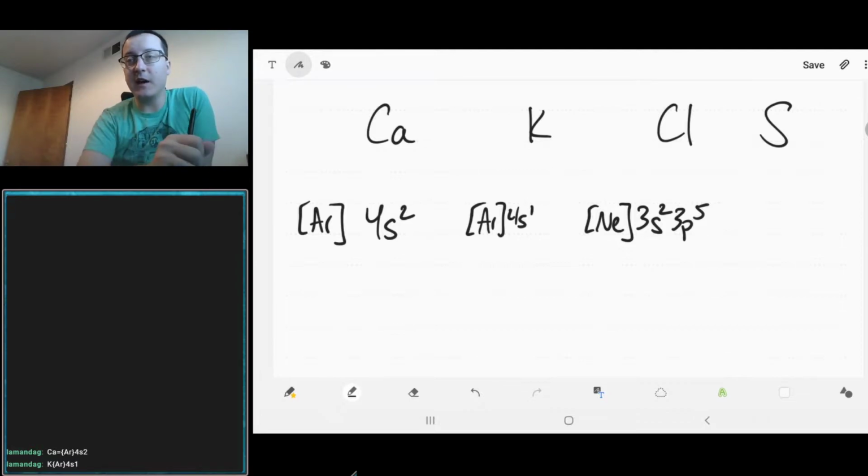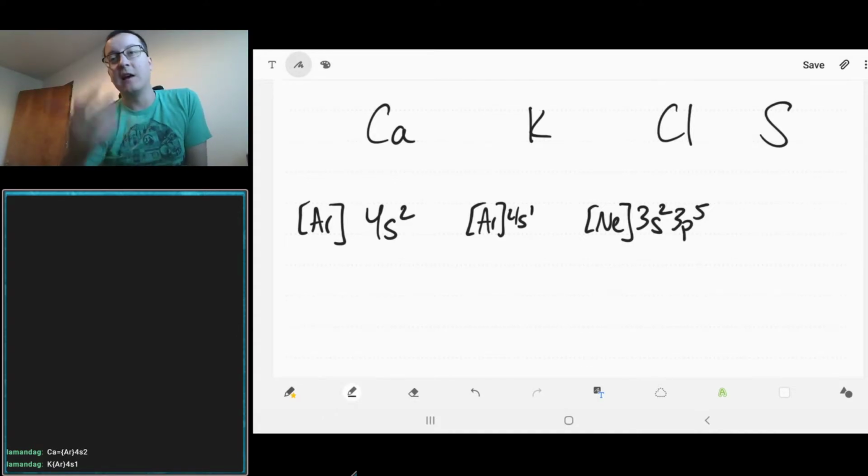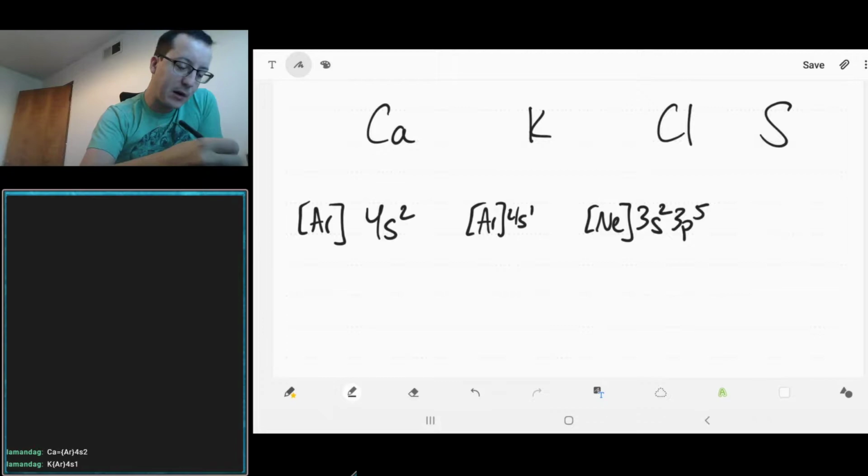Remember, we don't have a d orbital we're going to fill quite yet. We don't start filling 3d until after 4s, right? So after, for example, calcium, once we get into the transition metals, that's when we start putting things into the d block. And then sulfur would be 3s2, 3p4, right?